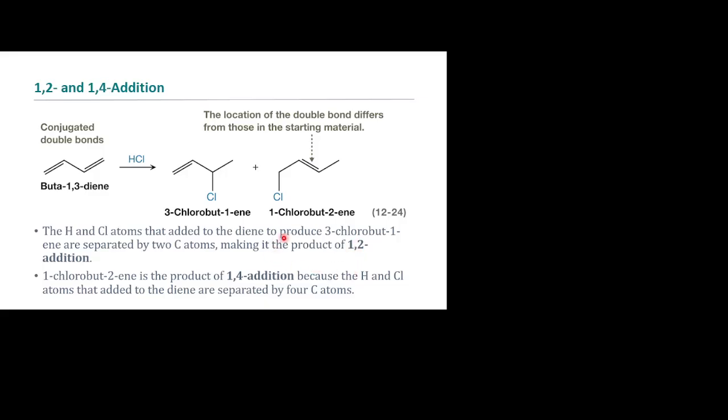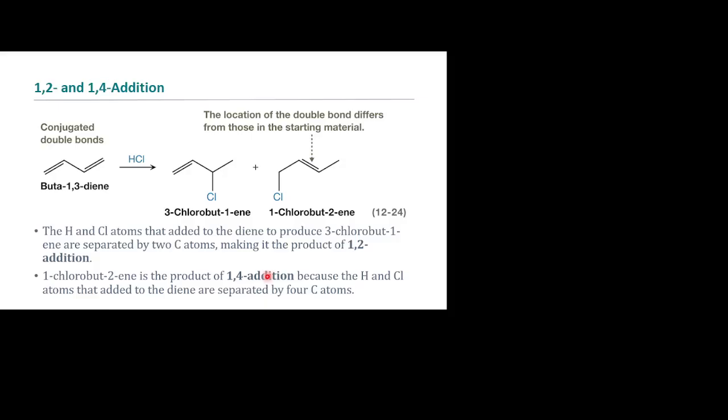And again, this would be called the 1-2 addition when it goes right here, because it's the 1-2, right? The 1-2 doesn't necessarily have to be the first and second carbons in that structure. It just means they're next to each other. The hydrogen and the chloride are right next to each other, just like the 1,2 methyl, 1,2 hydride. Just means they're next to each other.